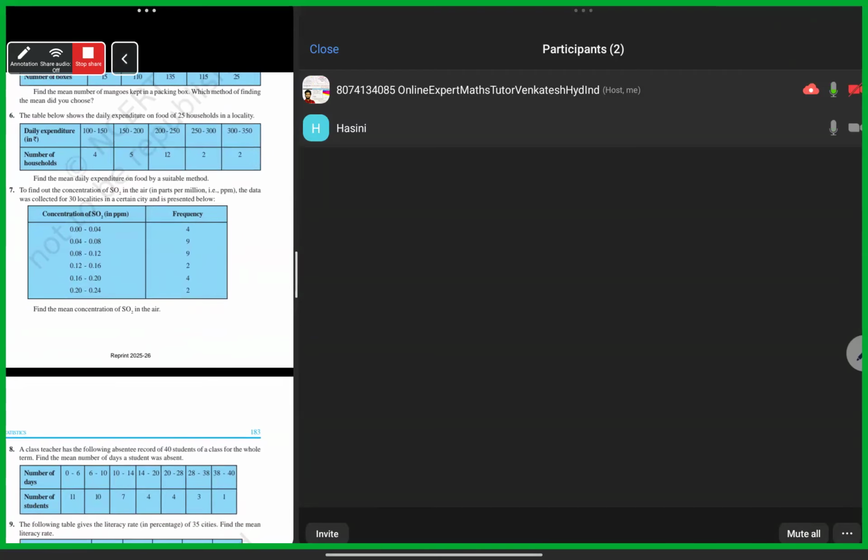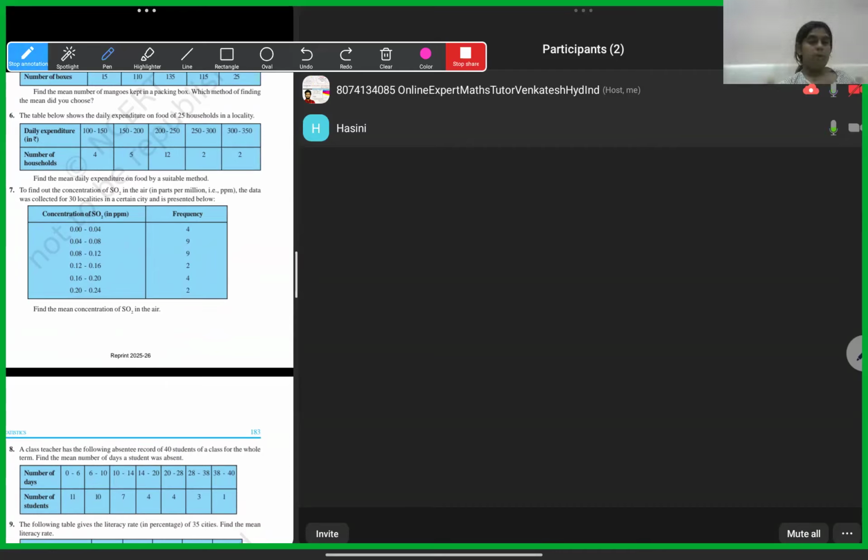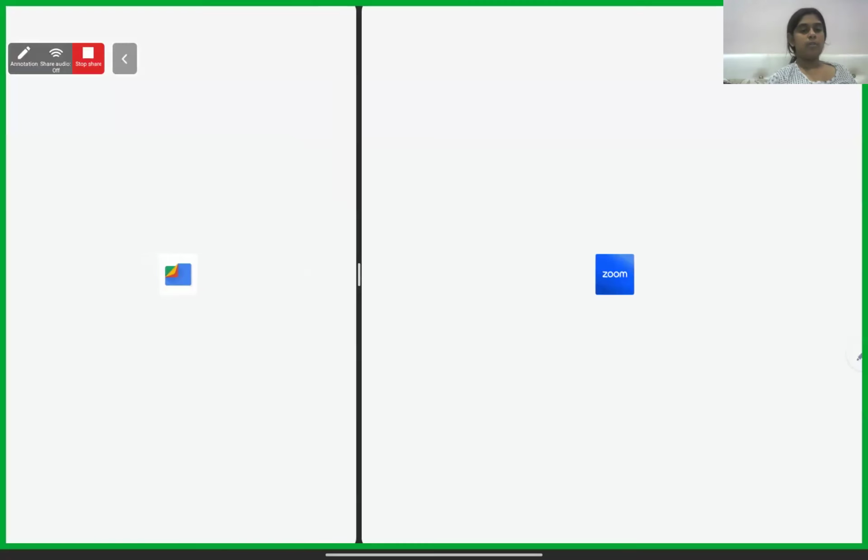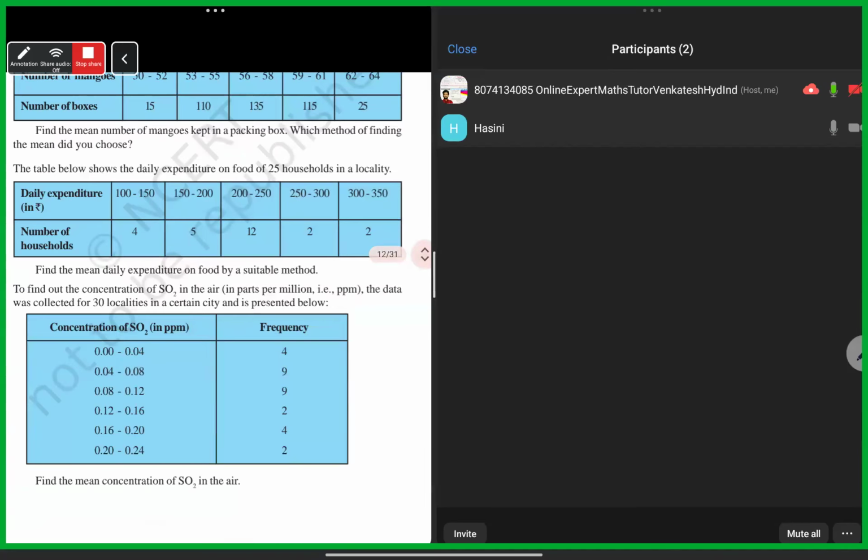Once you read the question: The table below shows the daily expenditure on food of 25 households in a locality. So they're asking us to find the mean daily expenditure on food by the suitable method.